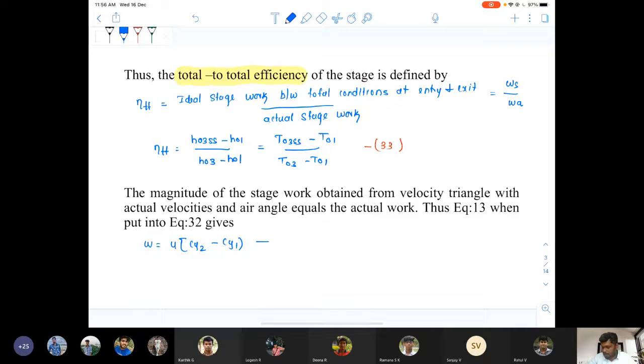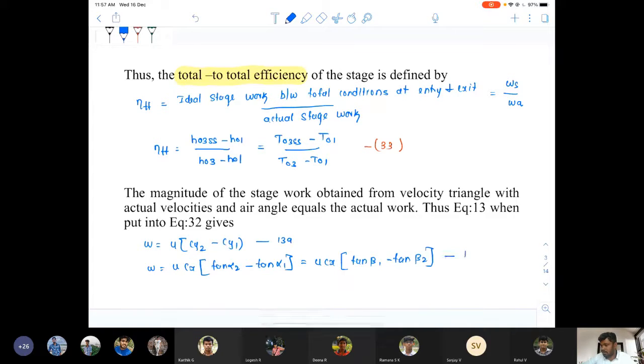This is 13a. And W will be equal to U Cx into tan alpha 2 minus tan alpha 1, which is equal to U into Cx into tan beta 1 minus tan beta 2.